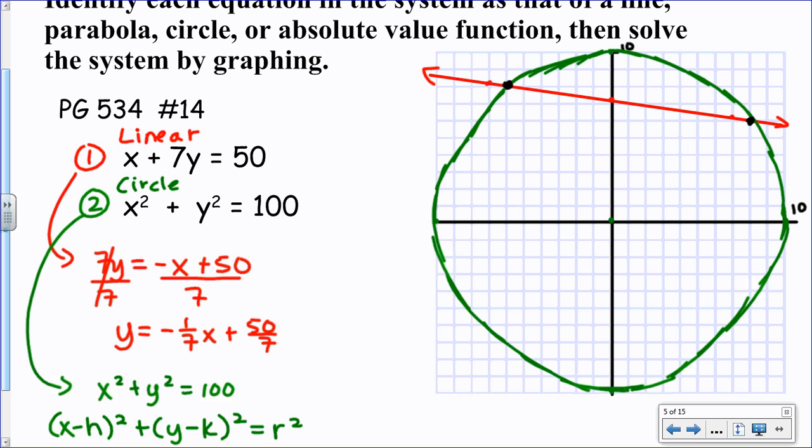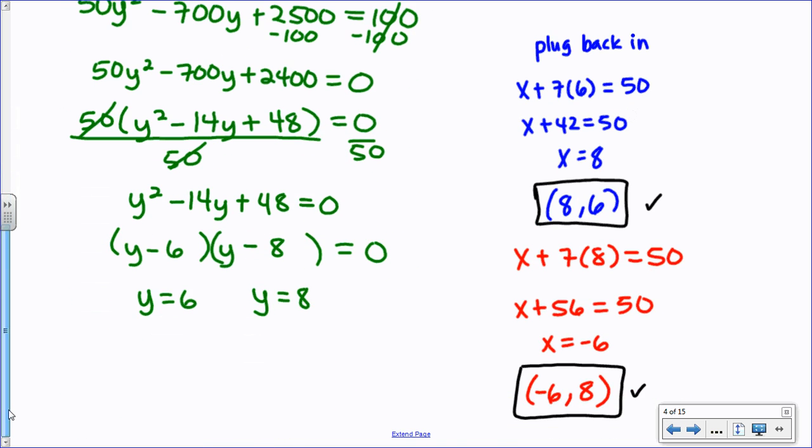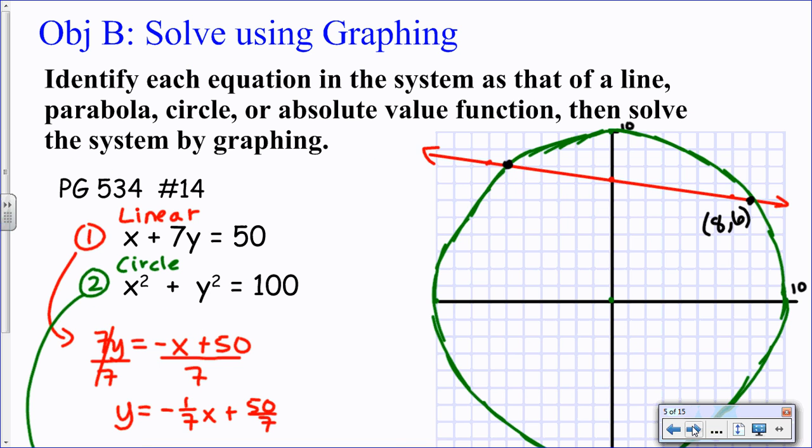So 1, 2, 3, 4, 5, 6, 7, 8. 1, 2, 3, 4, 5, 6. So 8, 6. That was one of our points, right? 8, 6, and negative 6, 8. 1, 2, 3, 4, 5, 6. 1, 2, 3, 4, 5, 6, 7, 8.